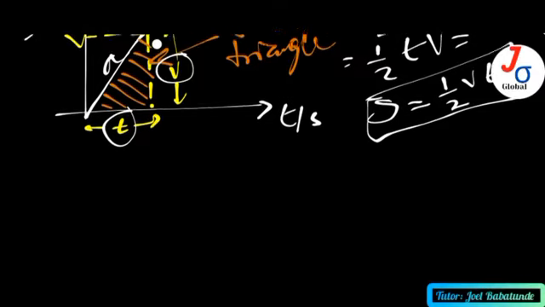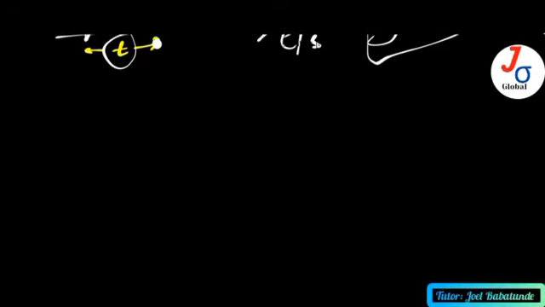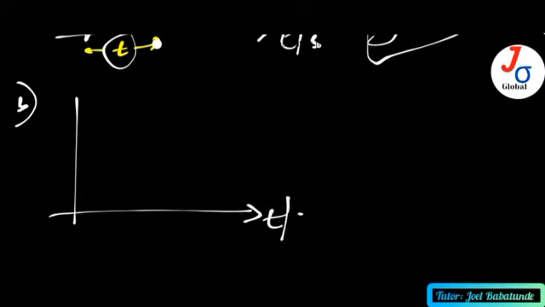All right, let's look at another case. Let's say b. Then you have the time axis in seconds, then you have the velocity axis in meters per second. All right, good. So let's say it starts not from rest, but from a particular velocity.